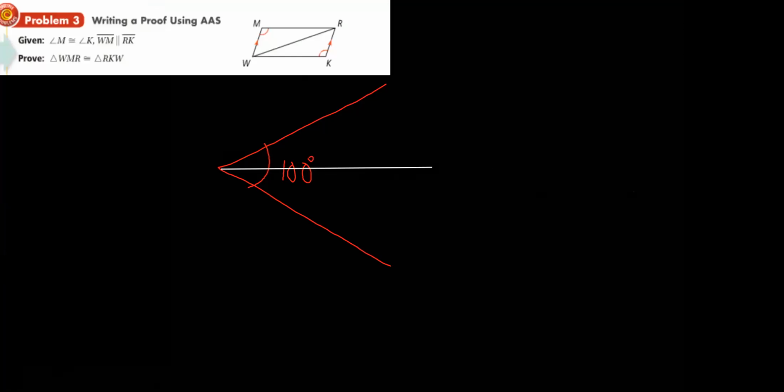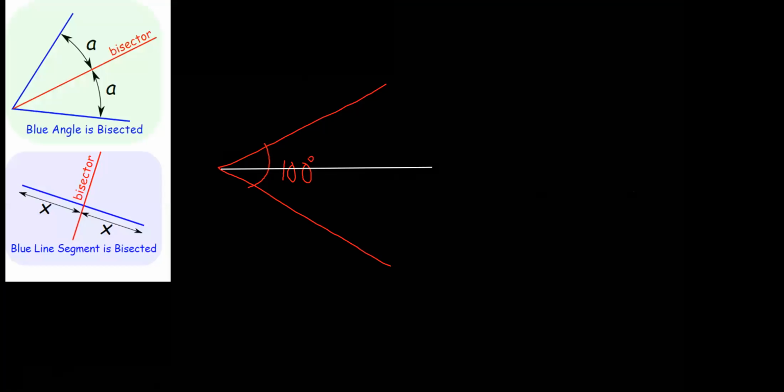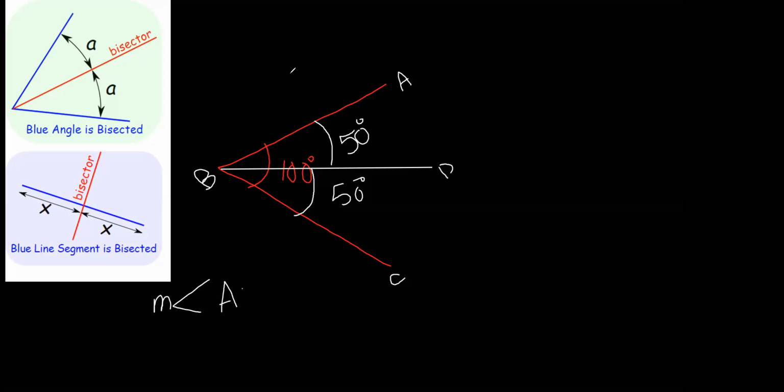That means it cuts the angle into two equal halves. So the 100 will be divided into 50 and 50. If you have A, B, C, and D, the measure of angle ABC is 100.